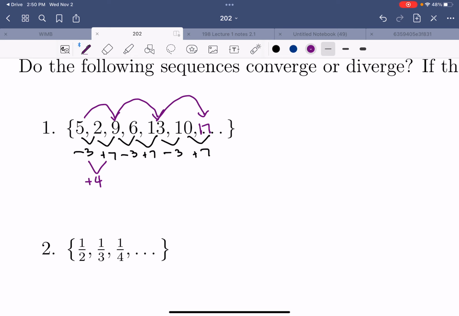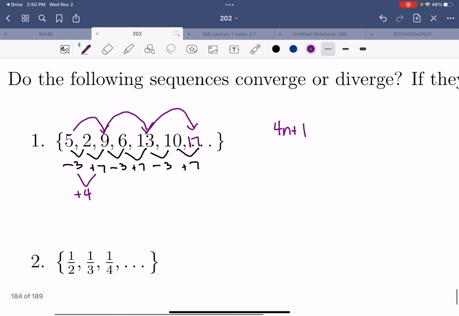So really, every other one is jumping by 4, starting at 5. So that means you're doing something that looks like 4n plus 1 for the alternate ones. And so in that case, if you take the limit as n goes to infinity of 4n plus 1, that's going to take you to infinity.